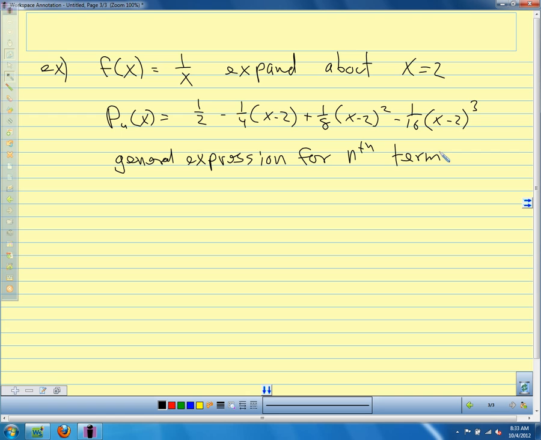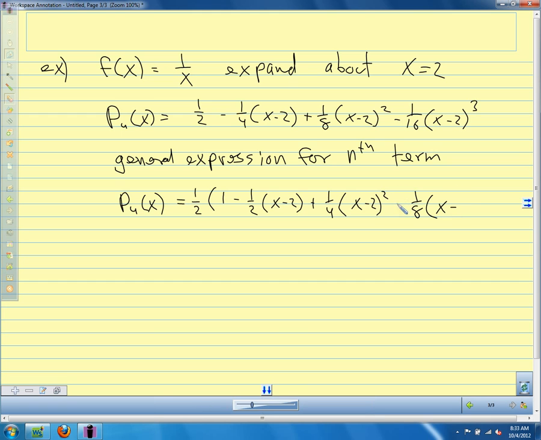So let's find a general expression. I'm going to rewrite p sub 4 of x and factor out this 1/2. I'm going to have 1 minus 1/2 (x minus 2) plus 1/4 (x minus 2) squared minus 1/8 (x minus 2) to the third. So I just factored out a 1/2.